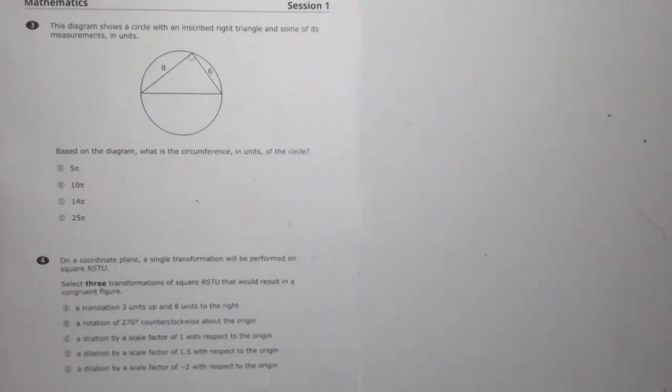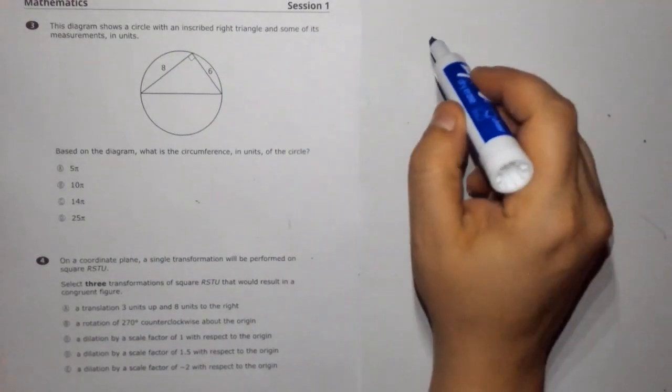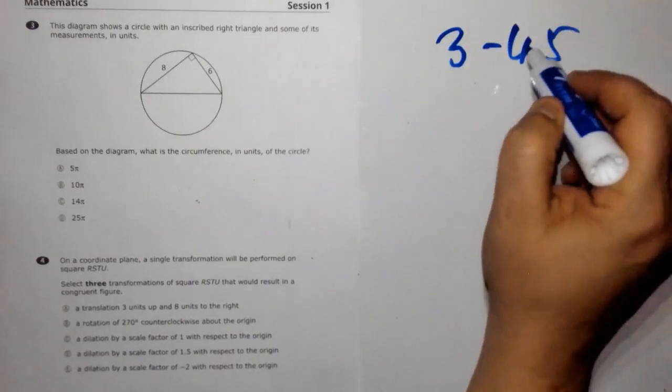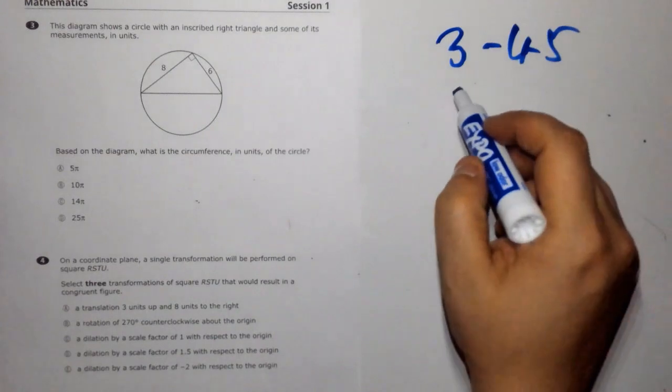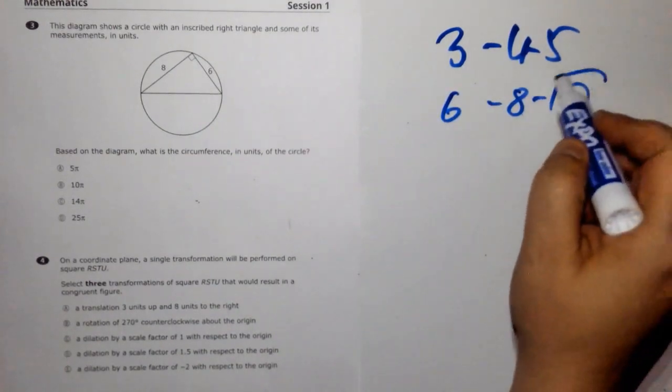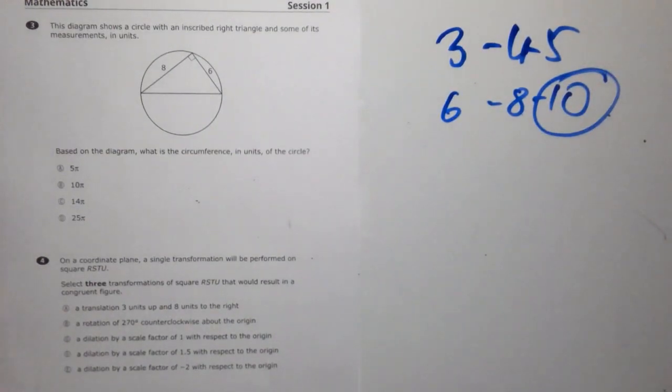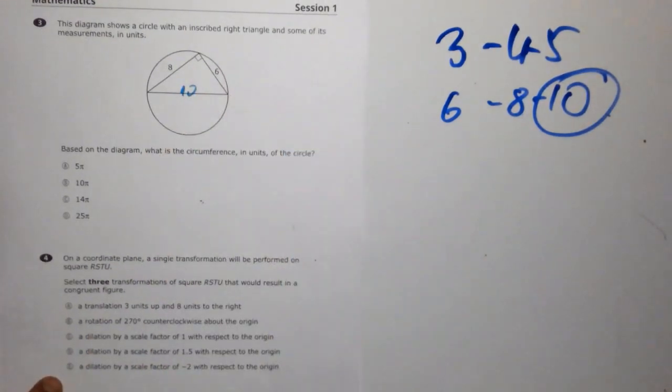Question number 3 is a geometry question, asking us the circumference of the circle given the triangle inside. Those of you who made yourselves familiar with the special triangles, the 3, 4, 5 triangle, this is no different than a 6, 8, 10 triangle. So my diameter is 10.